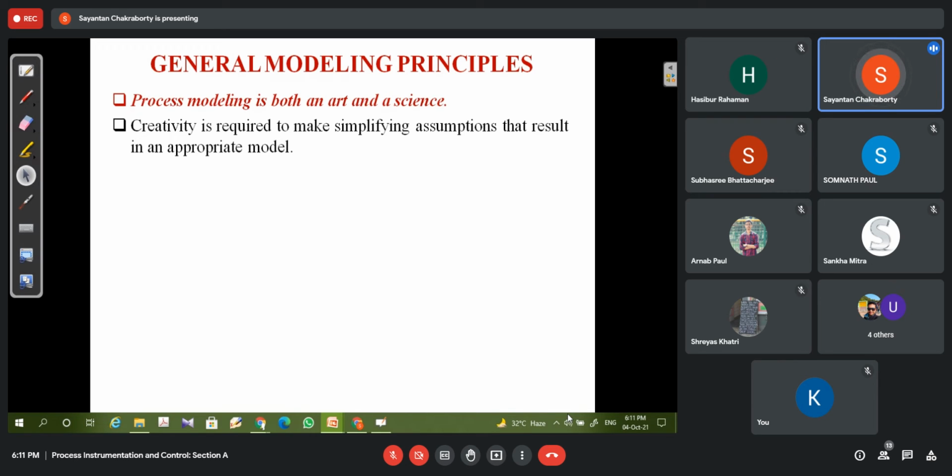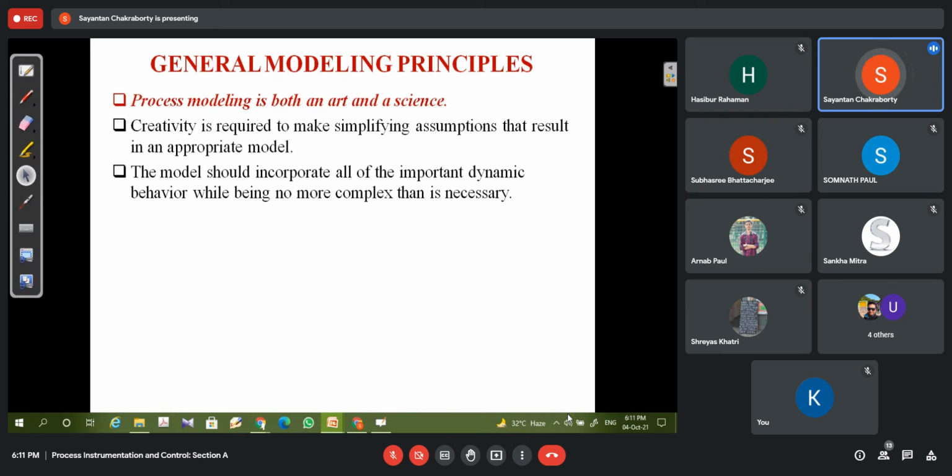So, how can this creativity be used? The model should incorporate all the important dynamic behavior, but should not be more complex than necessary. It should include all the important dynamic behaviors. It should not exclude any, but it should be represented so that it is no more complex than what is necessary, because we do not want to indulge in complex analysis.